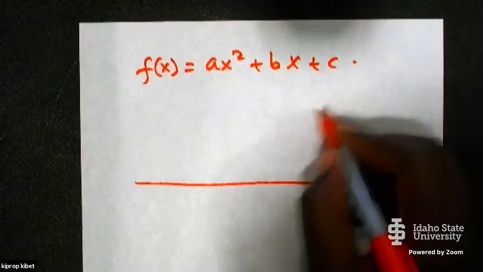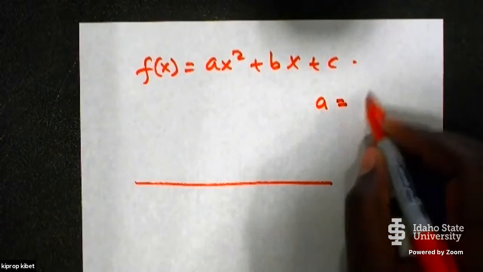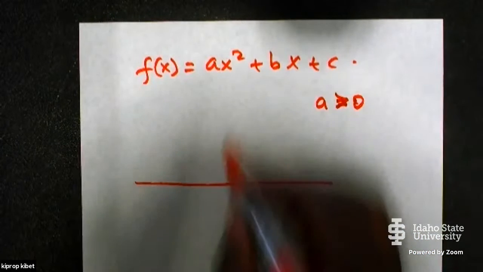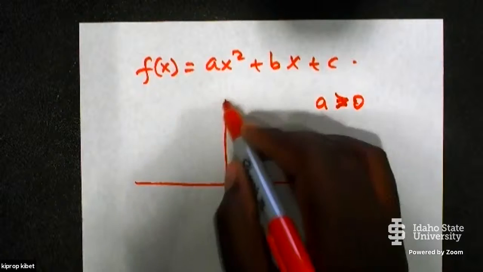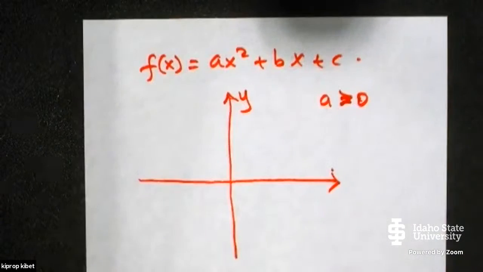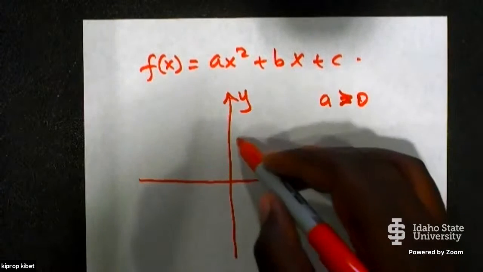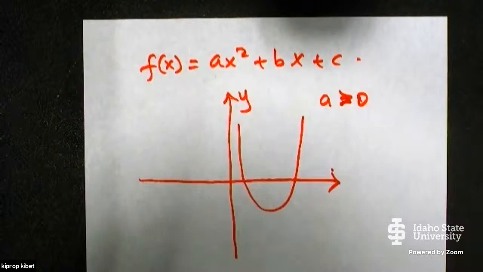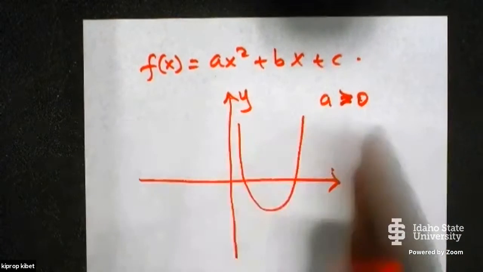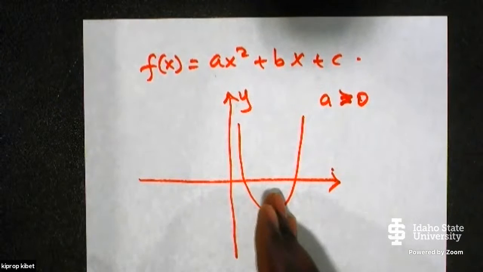Because if a is greater than 0, and this is our y and this is our x, then definitely you form something like this. So when you draw a graph, you will form something like this.